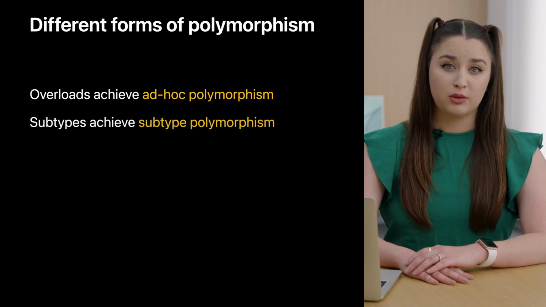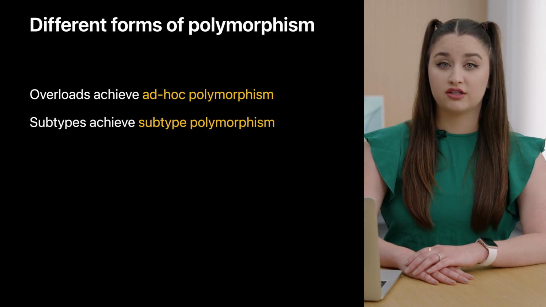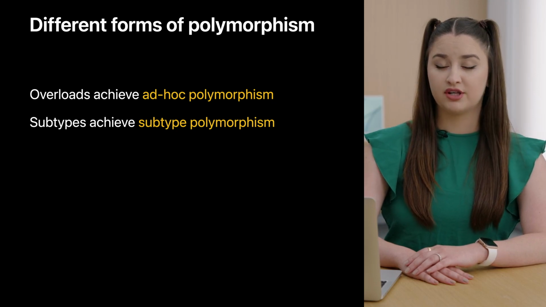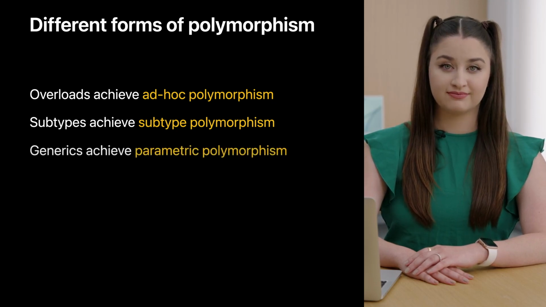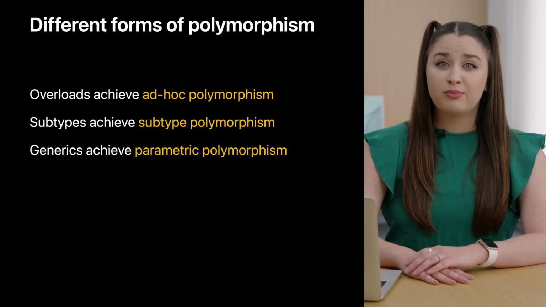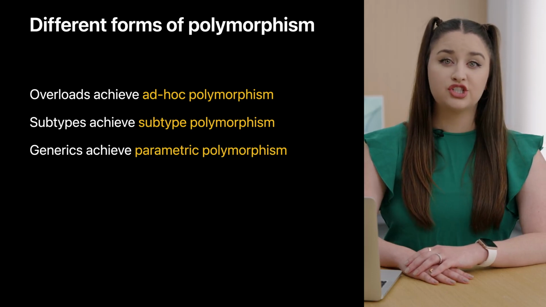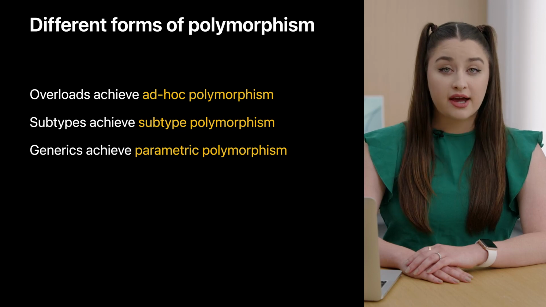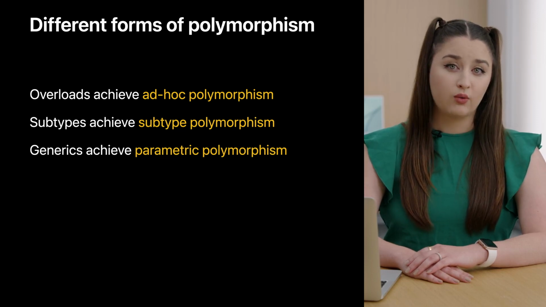Next is subtype polymorphism, where code operating on a supertype can have different behavior based on the specific subtype the code is using at runtime. Finally, we have parametric polymorphism, which is achieved using generics. Generic code uses type parameters to allow writing one piece of code that works with different types, and concrete types themselves are used as arguments.